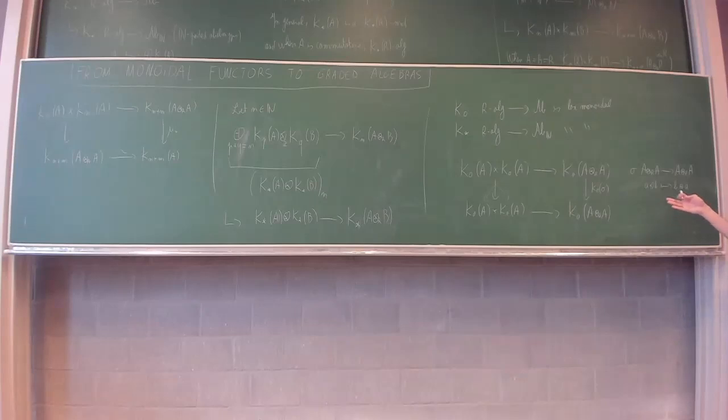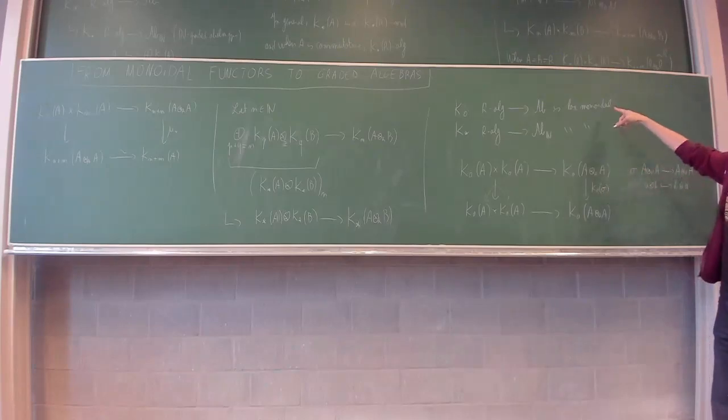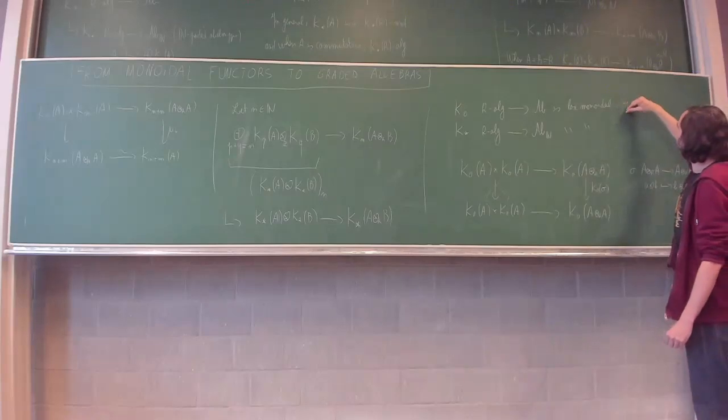And that commutes. From the definition of K0, it's kind of obvious. For Kn, of course, it's a bit less obvious, but again, I have not defined Kn, so trust me. But this tells me that it's not just a monoidal functor, it's actually symmetric.